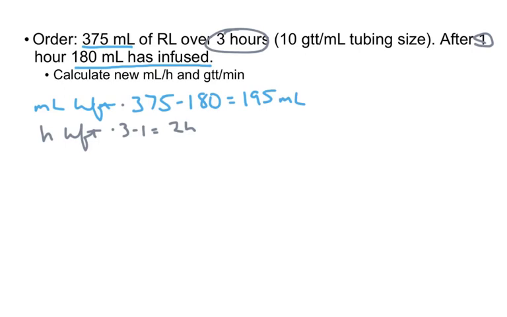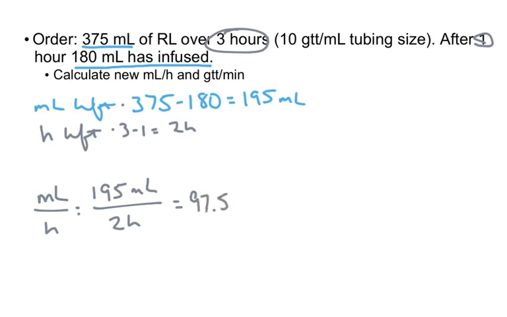For milliliters an hour, I had 195 milliliters over 2 hours. So divided by 2, and I get 97.5, but flow rate is going to be a whole number. So 98 milliliters an hour. And I can either use this information or do a new GTT per minute problem. I usually go back to the main information.